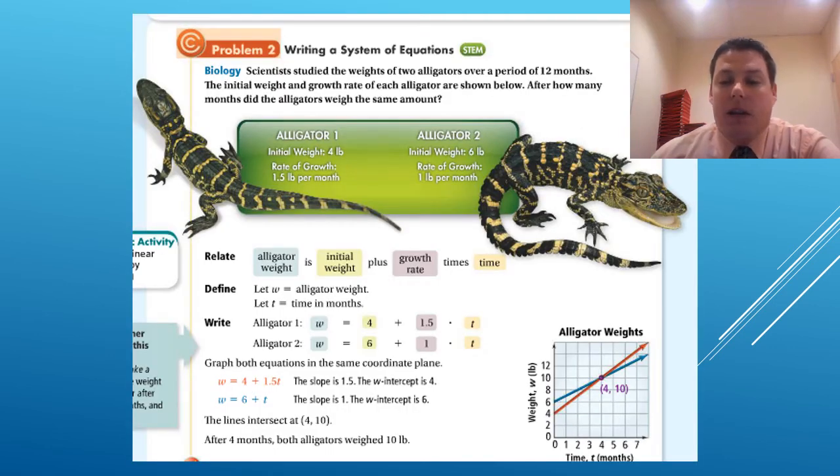Here's one other example before we wrap up. This is a more practical example. The scientists are studying the weights of 2 alligators over a period of time, and they're trying to establish some kind of growth rate. They want to know, when did they weigh the same amount.